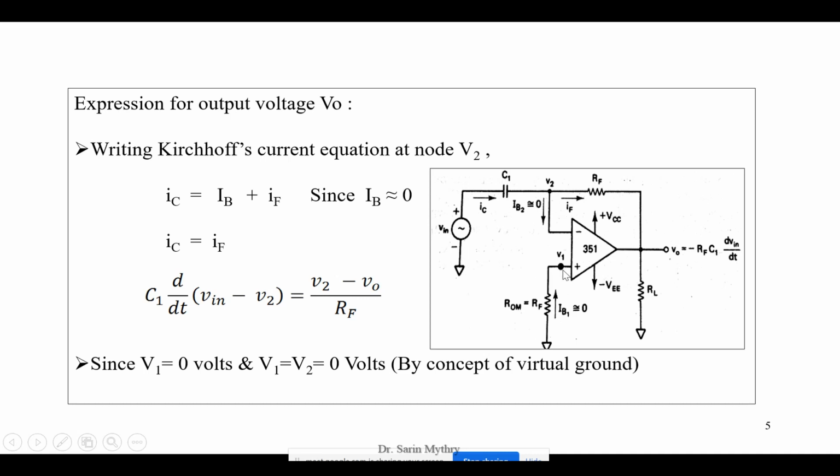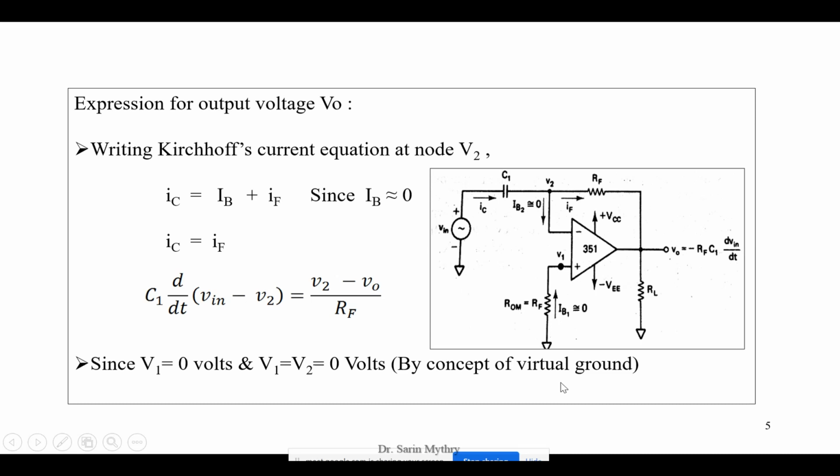Because of the virtual ground concept, V1 is equal to 0, and V1 and V2 are the same at the virtual ground points. V1 equal to 0 means V2 is also 0. So V1 is equal to V2 equal to 0 volts.